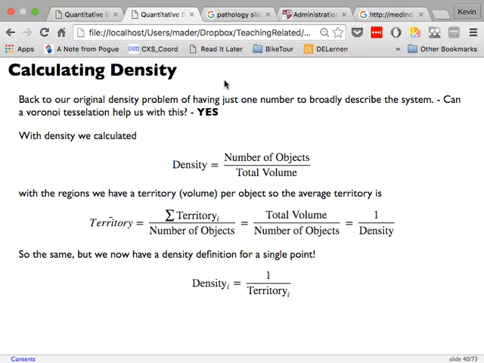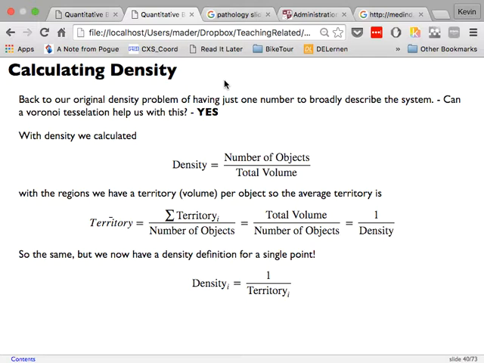The only catch here is that when you're trying to calculate the density in the whole image, you can't simply take the average of the point densities. You have to add all of the territories together and then take the inverse of that to get the density in the image.